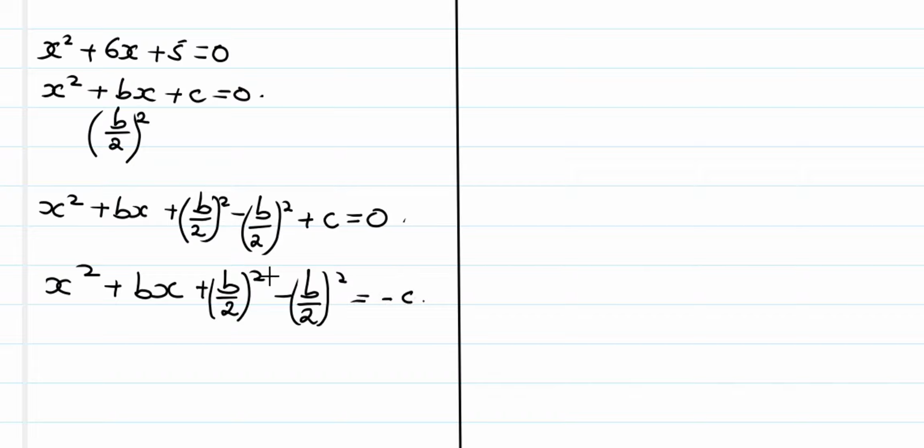But if you check well from here up to here, that is a complete square, because x is squared and b over 2 is also squared, so I can write it as x plus b over 2, squared. If you expand this, you get x squared plus bx plus b over 2 squared.